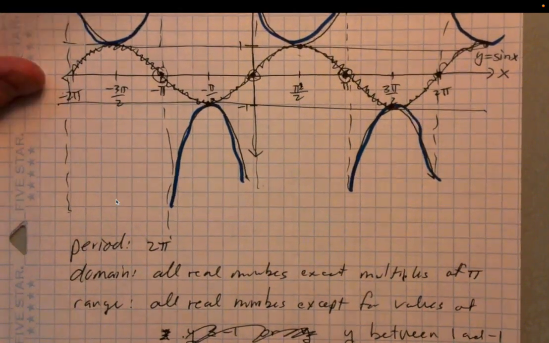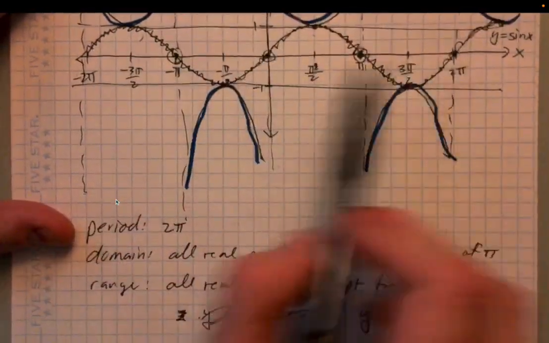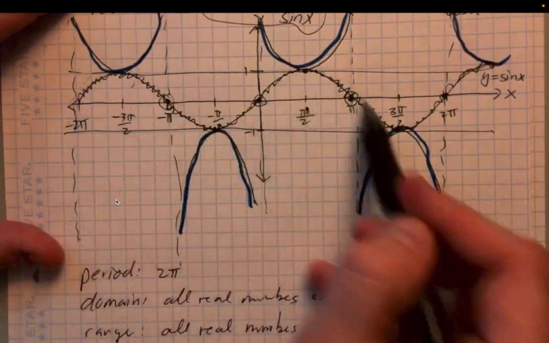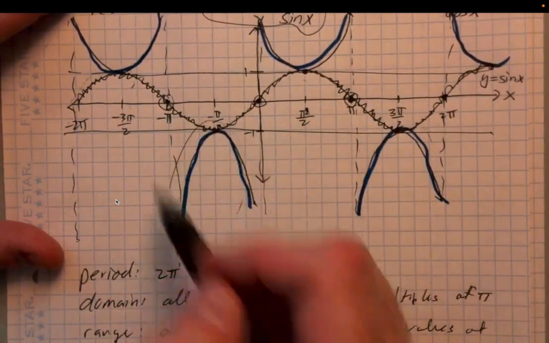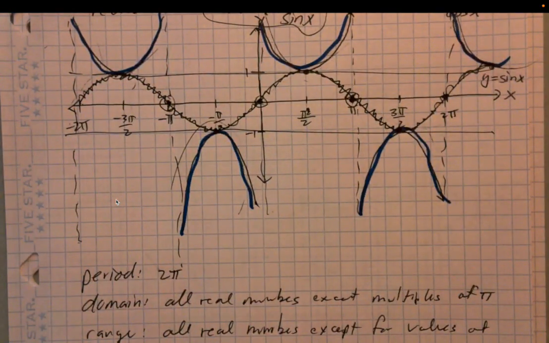That's the way to say it. y can never be between 1 and negative 1, because that's the value of the sine function. Cosecant is always the reciprocal of that, so it's outside of that.